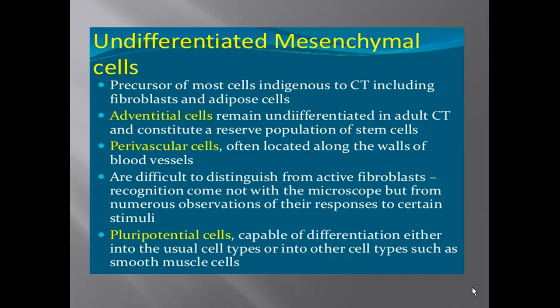And then we have the third type of undifferentiated mesenchymal cells, the pluripotential cells. This type of cell has the ability to differentiate into any type of cell or into a group of cells, like smooth muscle cells.